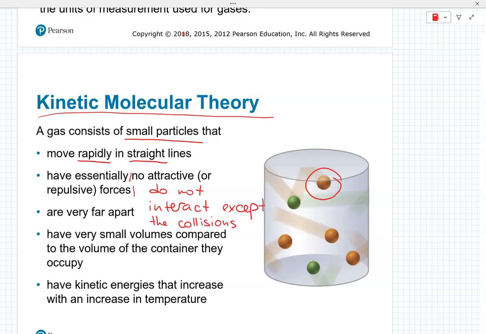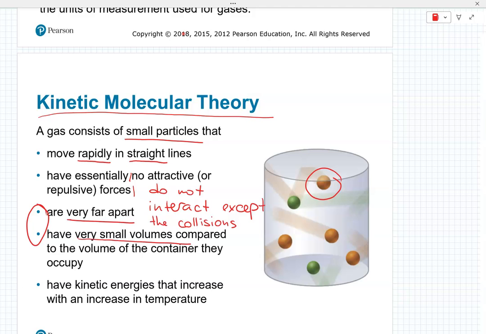Okay, they can hit each other, but they are not in any way repelled or attracted by any other forces. They are very far apart, and this is important, they are really indeed very far. I'll get back to this. I want to consider these two bullet points together.